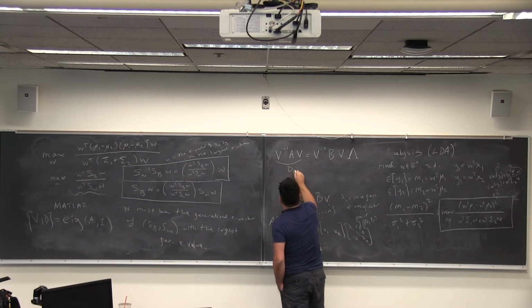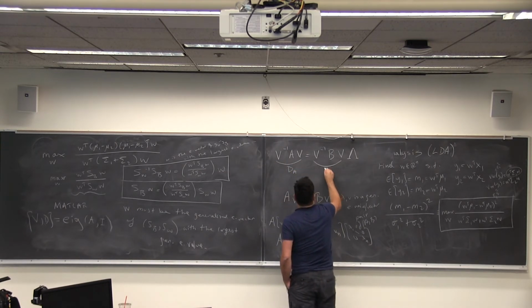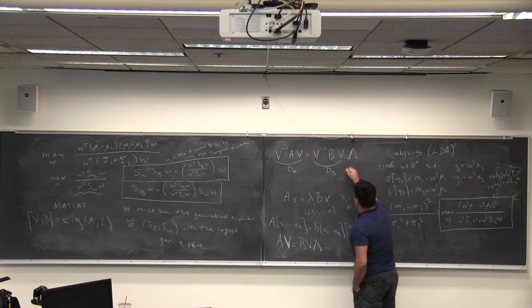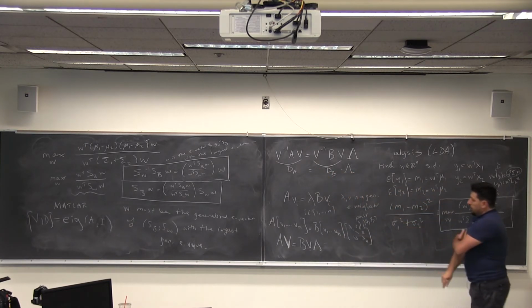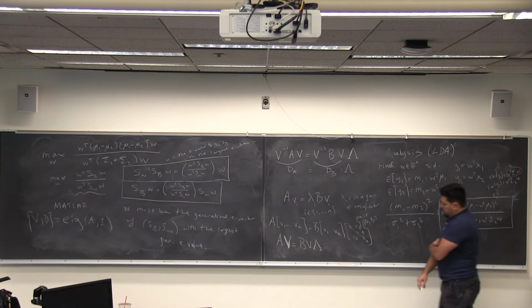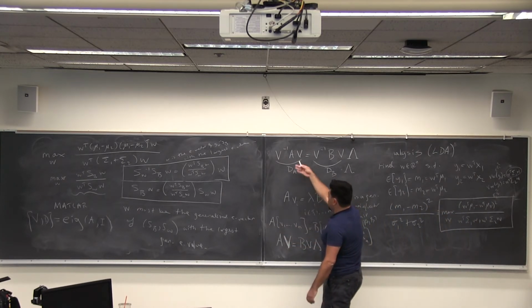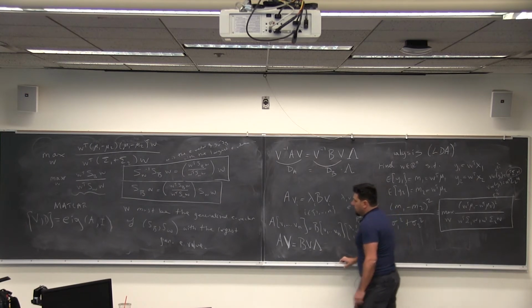Let's call it diagonal A. This will be a diagonal matrix. Let's call it diagonal DB. Lambda is diagonal. So you have a diagonal matrix equals another diagonal matrix here. That's why these generalized eigenvectors are also called vectors that simultaneously diagonalize A and B.